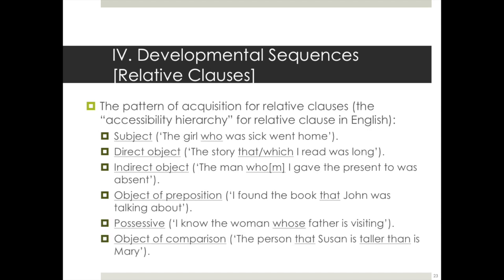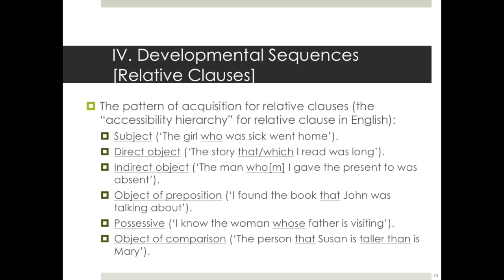What does this mean? It means that whether it is first language learners or second language learners, they typically go through the same phases, acquiring all of those relative clauses, but they will start by the easiest type of relative clause, the subject type. The girl who was sick went home.